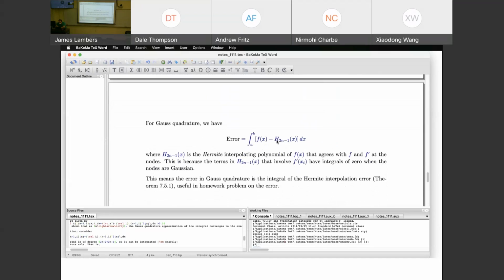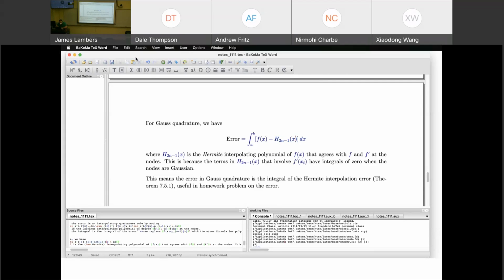Now, what's kind of strange about using this is that when we saw Hermite interpolation some time ago, we can write the Hermite interpolating polynomial in terms of values of f of x times certain polynomials that are like Lagrange polynomials, plus values of f prime times certain other polynomials. Actually, this is a bit too brief of a summary, so I'm going to flip over to the book and show you there.